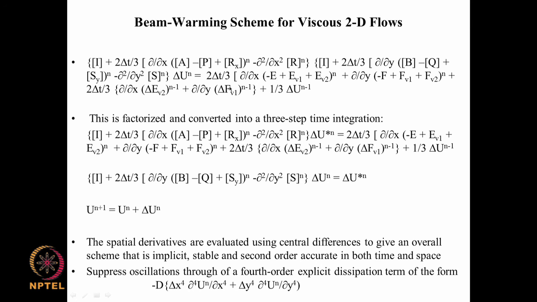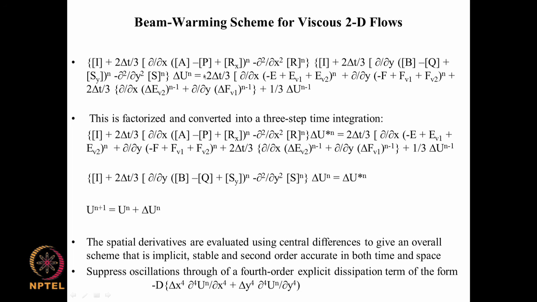All of the right hand side is known, and the left hand side is a product of I plus dou by dou x and dou square x. So, essentially the x derivatives, and similarly I plus the y derivatives dou by dou y and dou square s by dou y square. This can again be decomposed.